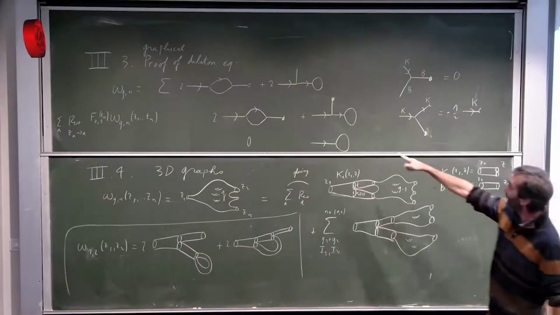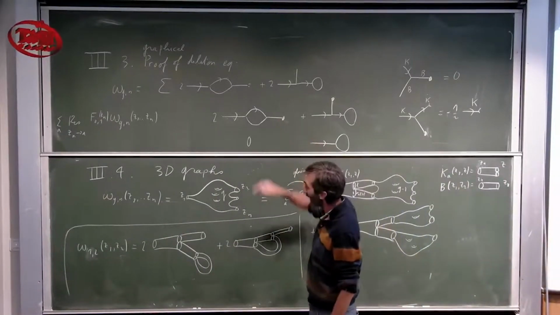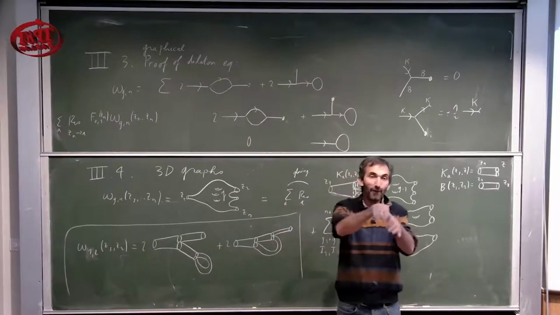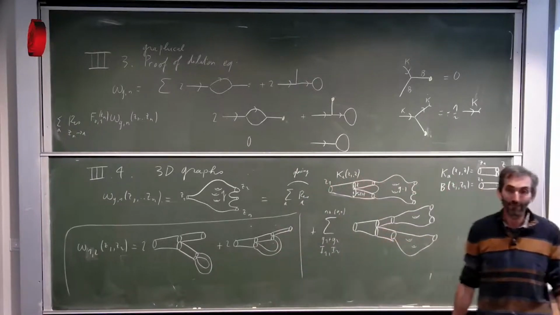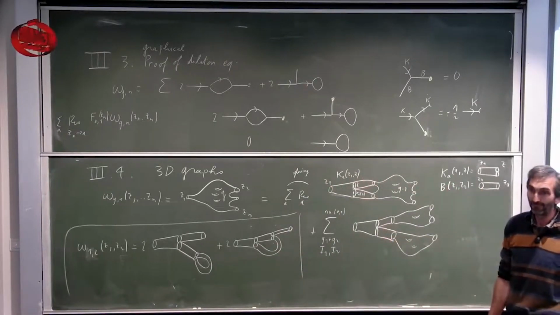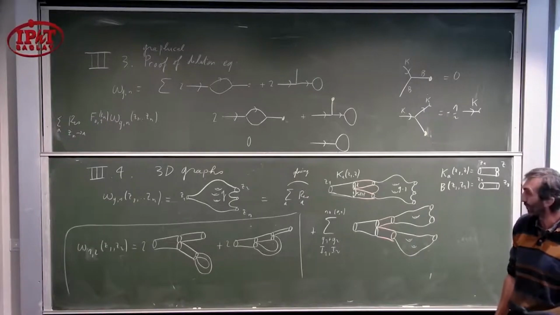And now the operation of gluing an F01 is just like gluing a disk to close the boundary. So just gluing a disk and you close the boundary.